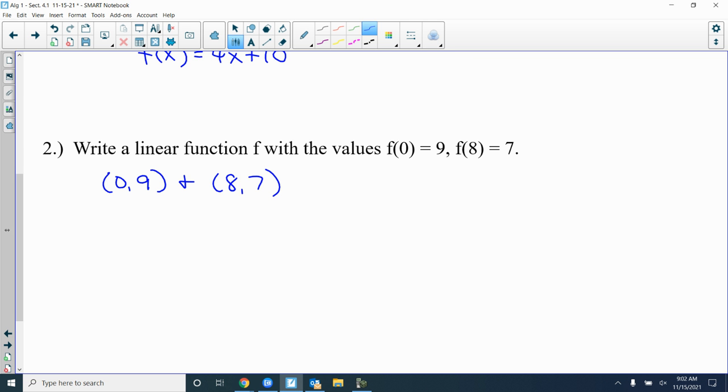Figure out your slope. Okay, then just hold for half a second. Make sure that's correct. So figure out your slope. Make sure we go in the right order.